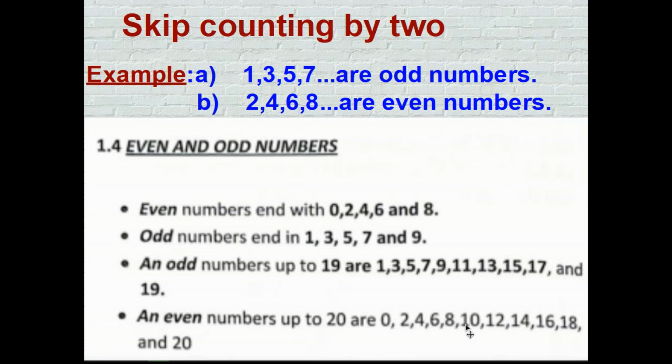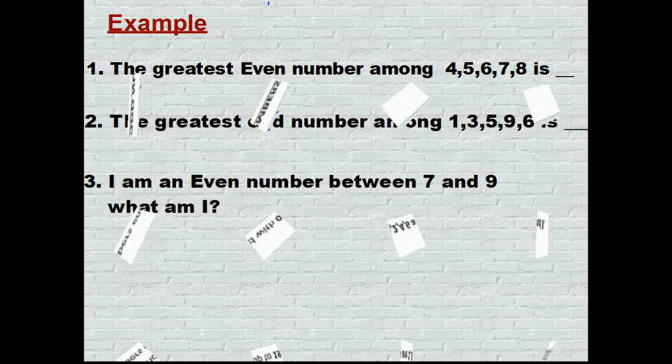So the gap is 2, or the difference between each consecutive number is 2. This is the difference between even and odd numbers. I hope you understood what even and odd mean. Now let's continue.